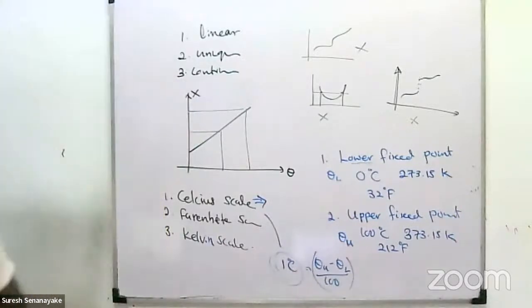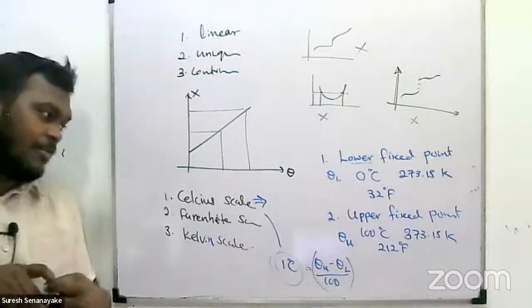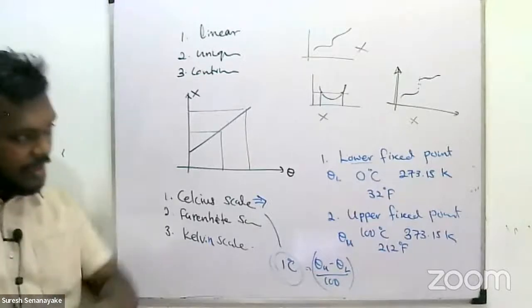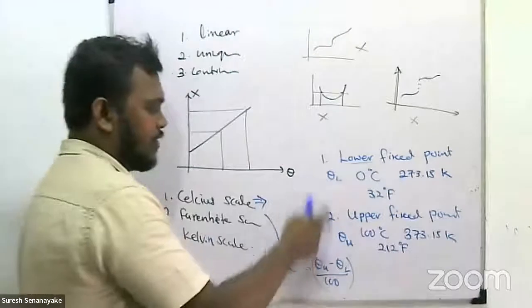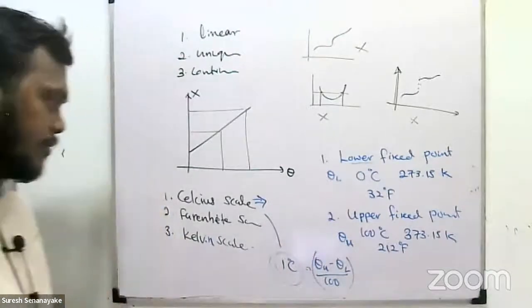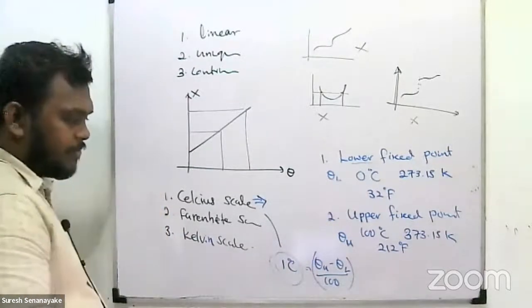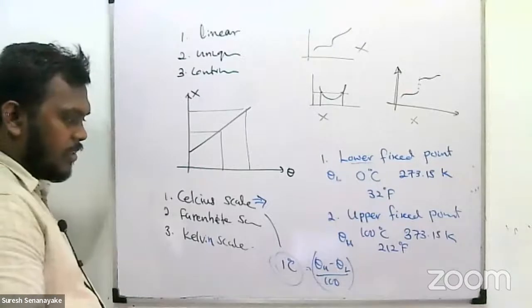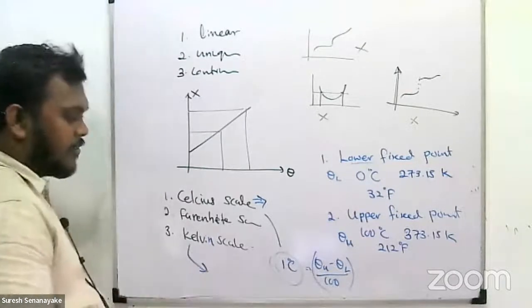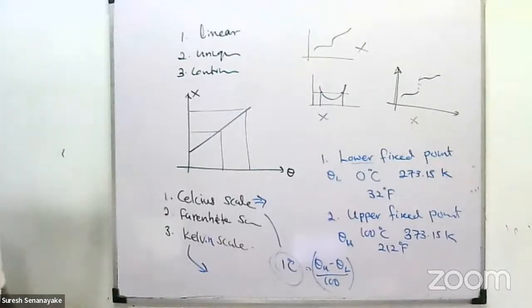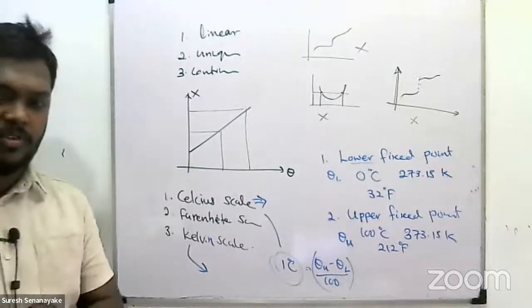So that's how the Celsius scale is defined, by dividing the difference between these two into 100 divisions. This is 1 Celsius. In Kelvin also, the difference of 1 Celsius and 1 Kelvin are equal, but not in absolute terms.